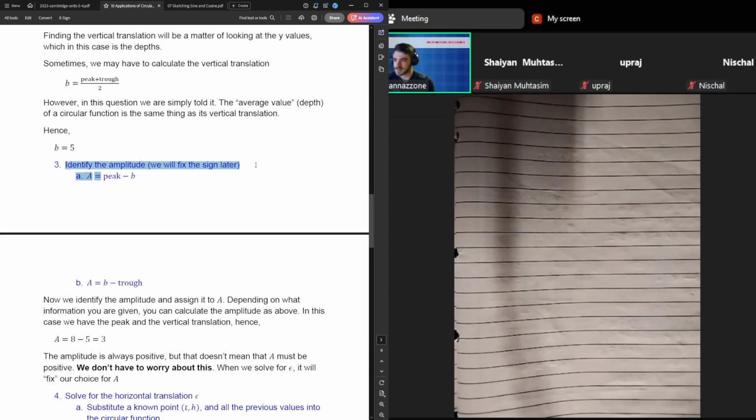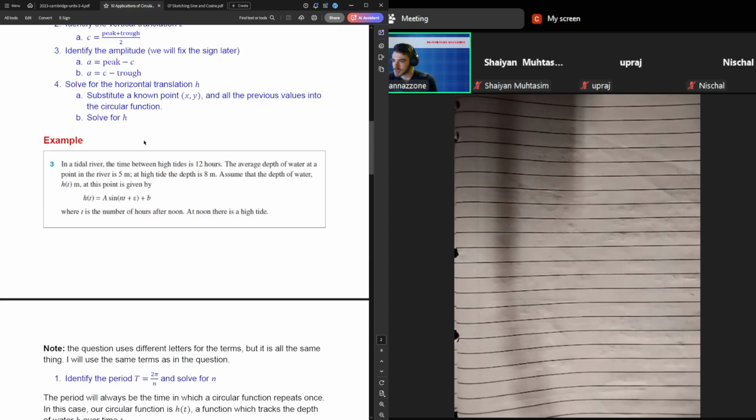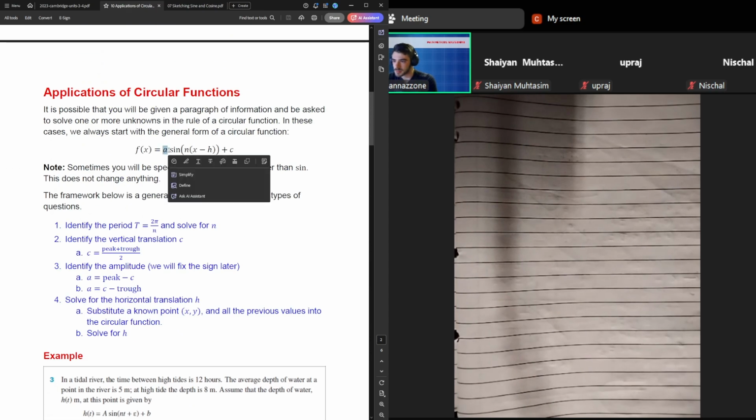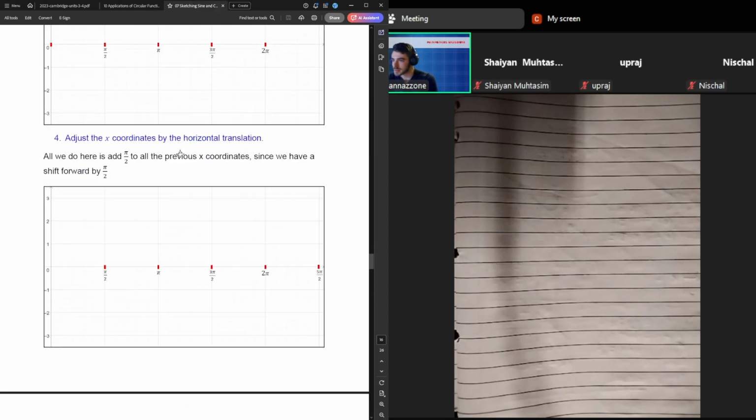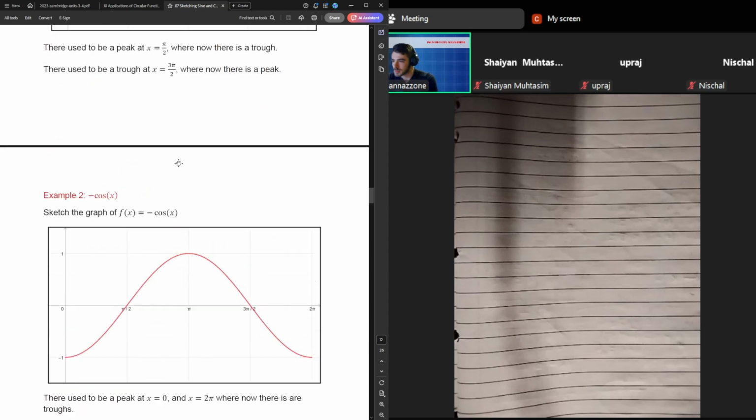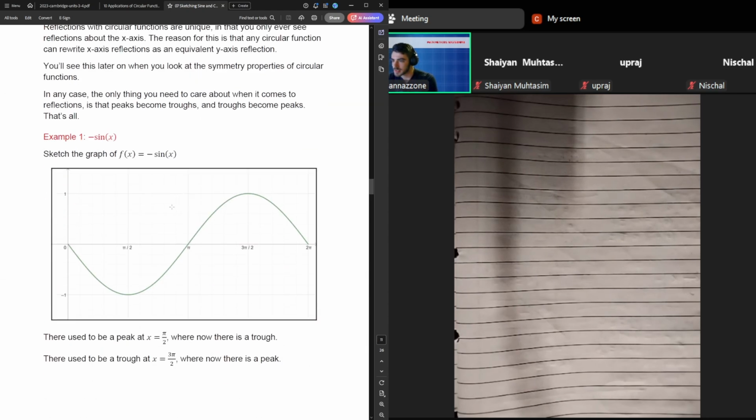Next up is identifying, now I say the amplitude, but really I mean the A term. There is a mild difference between this value and the amplitude, and that is that this could be negative, but the amplitude will only ever be positive. So what that might look like, if we scroll to what reflections would look like, with a negative sign, normally sine would be up here and down here.